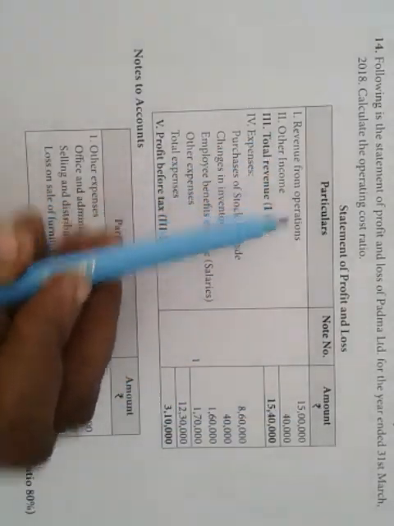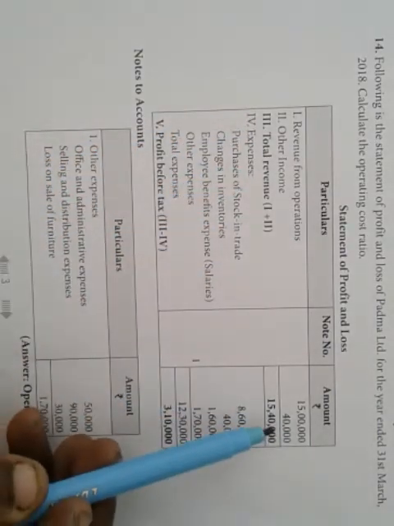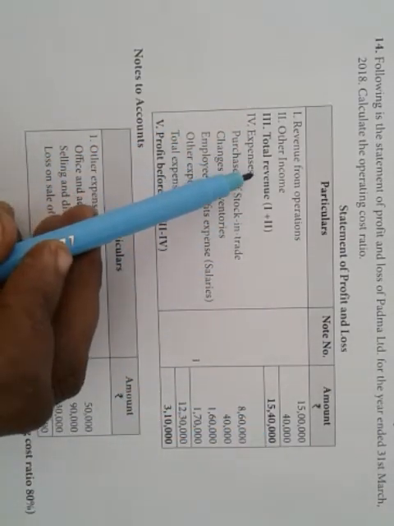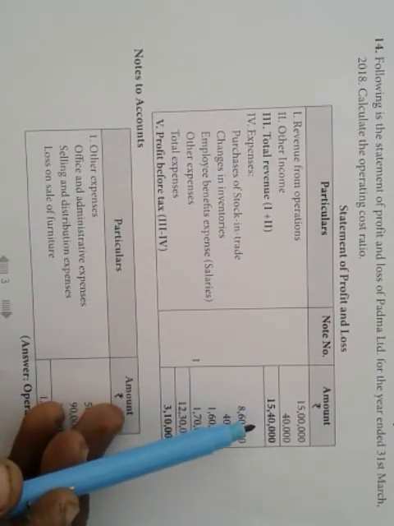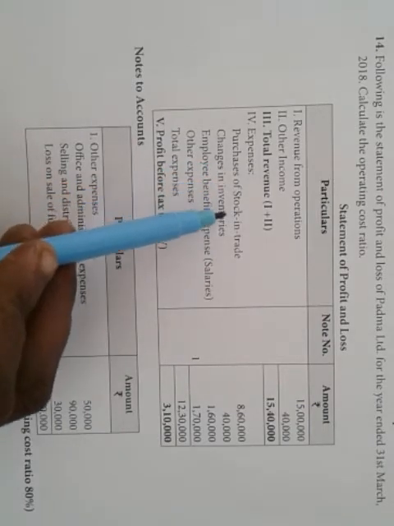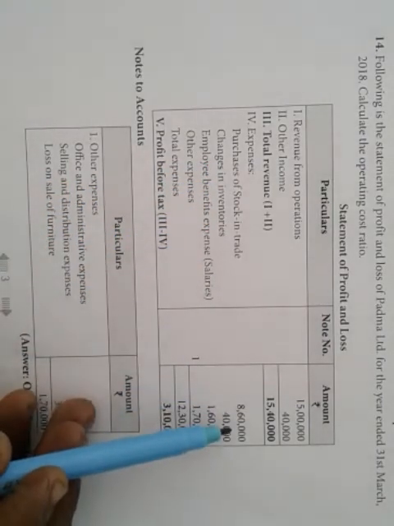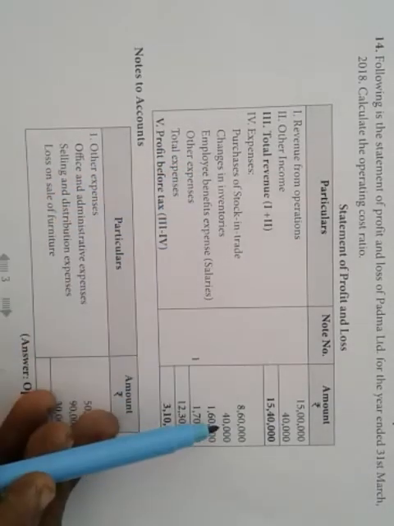Particulars, amount. Revenue from operations 15 lakhs. Other income 40,000. So total revenue is 15 lakhs 40,000. Expenses: Purchases of stock in trade 8 lakhs 60,000. Changes in inventories 40,000.